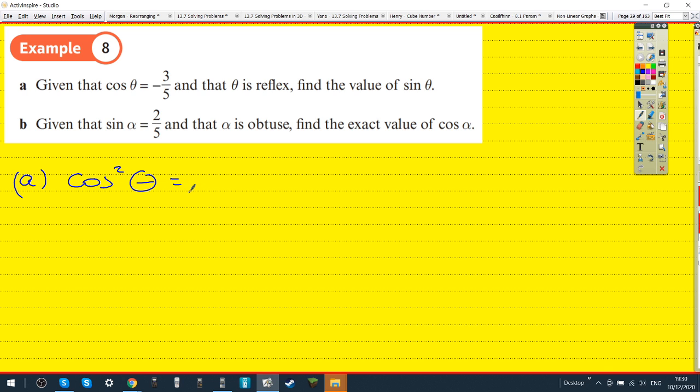So would you square minus 3 over 5? Which gives you minus 9 over 25. Minus times minus is positive, so it'd be 9 over 25. Yeah, you have to put it in a bracket. Okay, what's next?